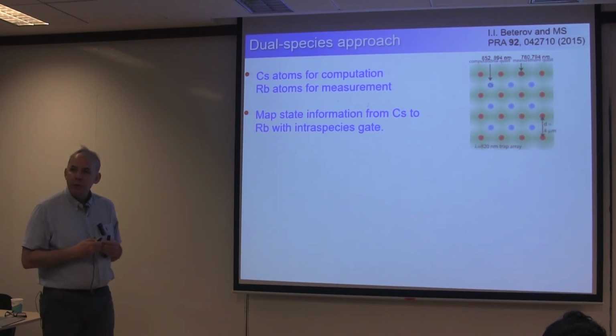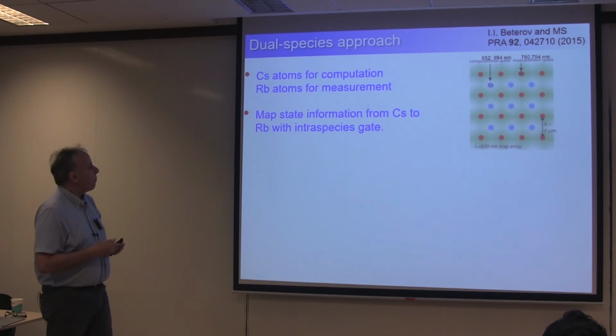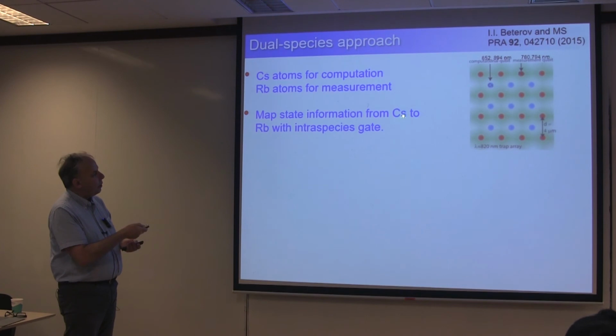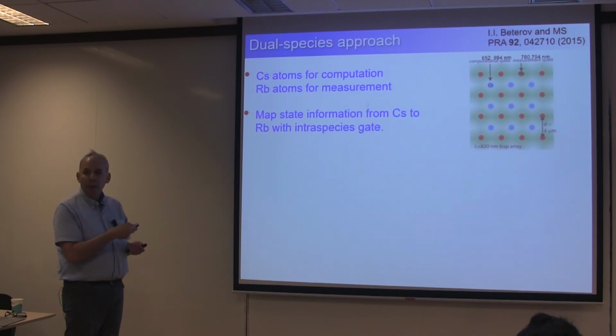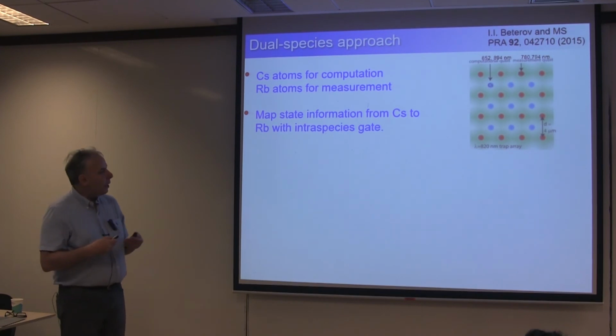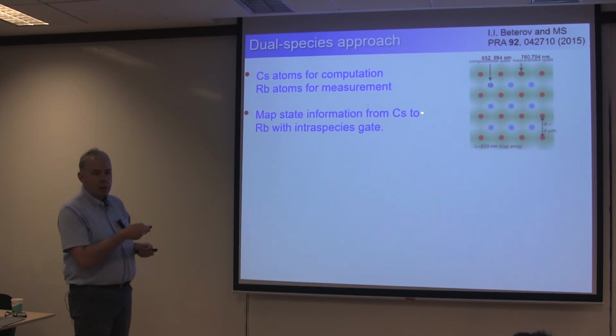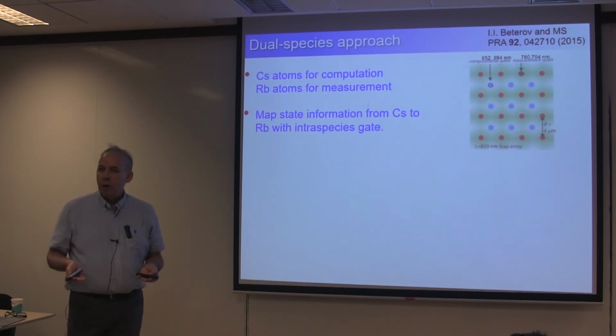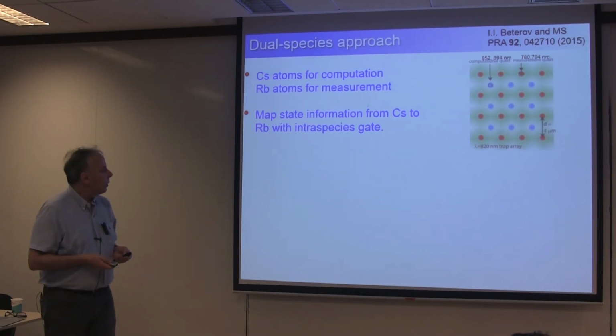One approach is to use two species, two different atoms, where I use, say, cesium atoms for computation, and I might think about using rubidium atoms for measurement. And what we're going to do then is map state information from cesium to rubidium, and then measure the rubidium atom as a way of making state measurements. And the resonant wavelengths for these different species are sufficiently well separated that the crosstalk problem is greatly suppressed.